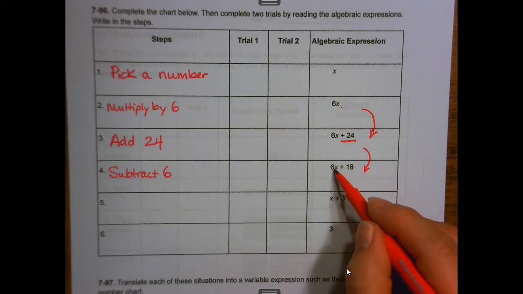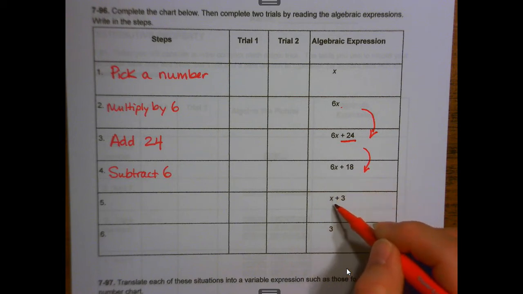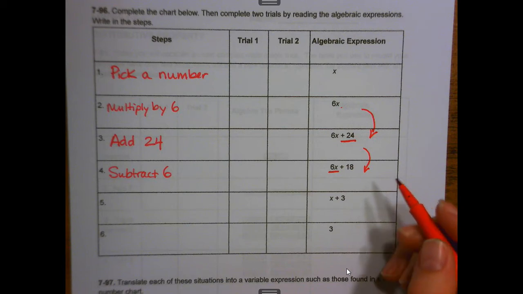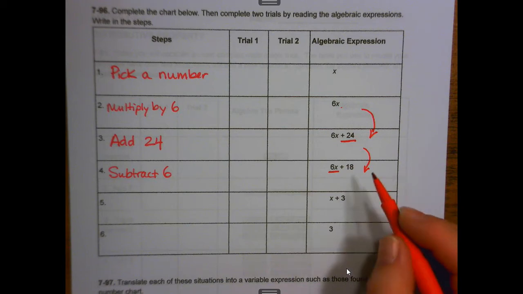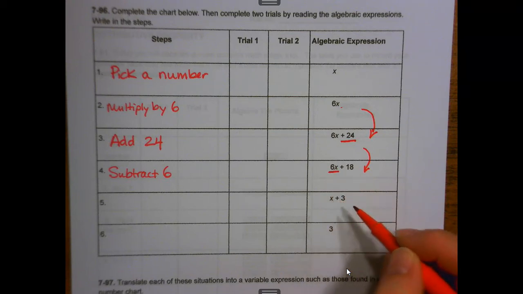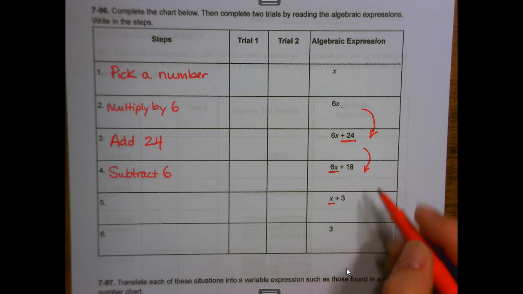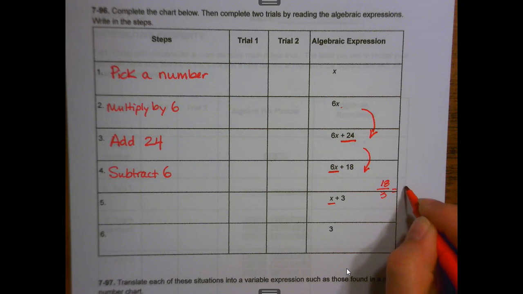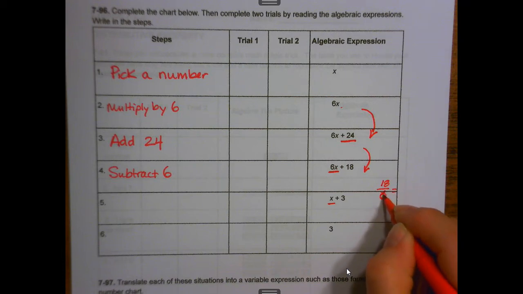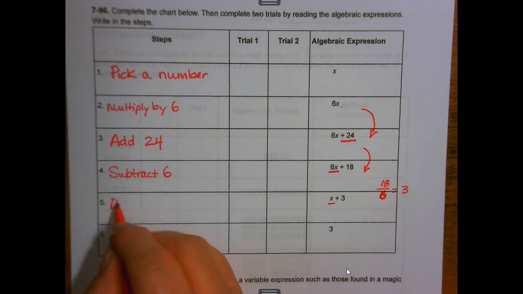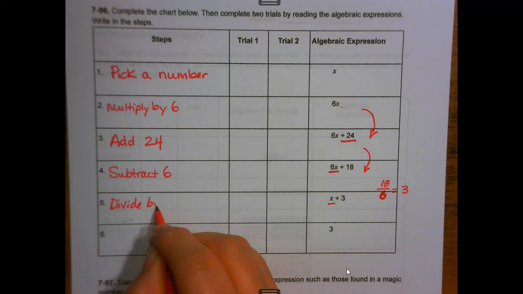And if I do 6x subtract 15, I don't get to x. I also need to remember that when I have 6x, it's a multiplication problem. So I'm going to try to do the inverse or the opposite. If I do 6x divided by 6, I get just x by itself. And if I do 18 divided by 6, I get 3. So we are going to write our step in here as divide by 6.